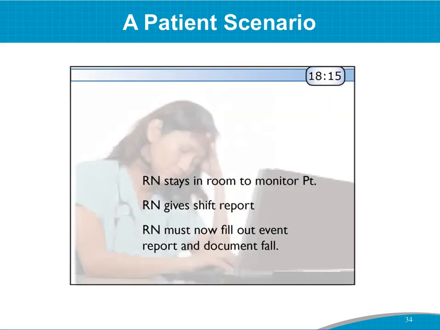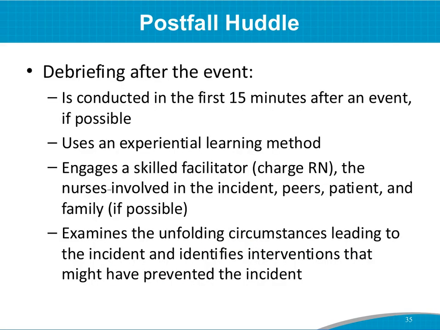So the RN is now staying in the room to monitor the patient. She gives the shift report, and now she has to fill out an event report and document the fall. So through that scenario, the idea is really to hope that the nurse is constantly thinking about the issues that may lead to a patient fall.